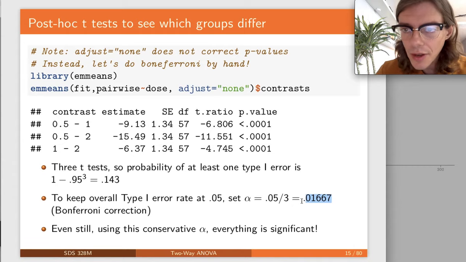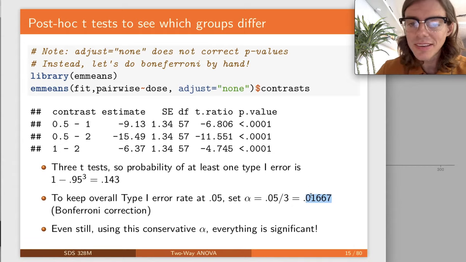Cool. Another way you can eyeball this, instead of dividing your significance level by 3, you could multiply your p-values by 3 and see if they're still less than 0.05. It's doing the same thing. If you multiply these by 3, you just get 0.0003, so you'd still reject the null hypothesis.